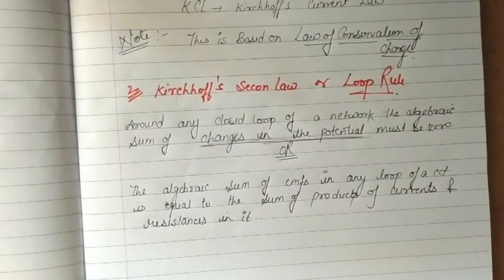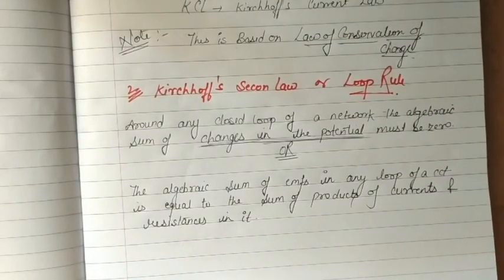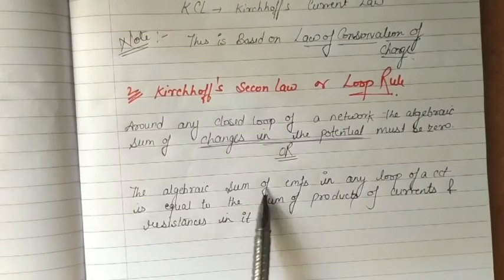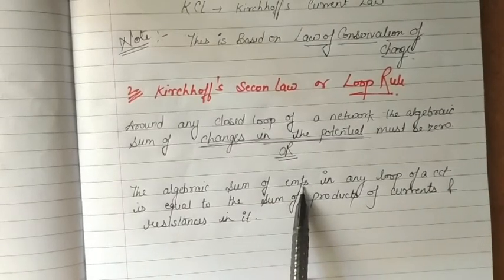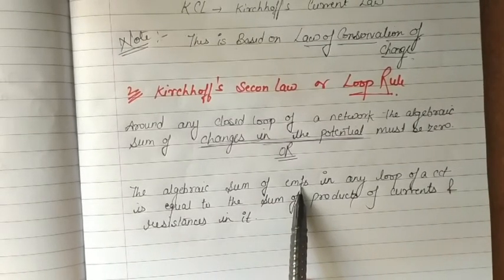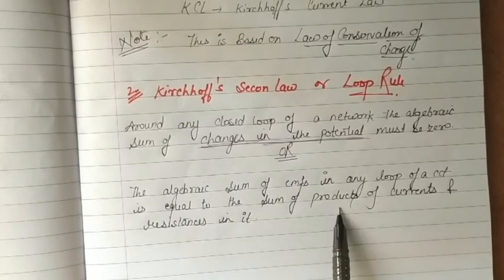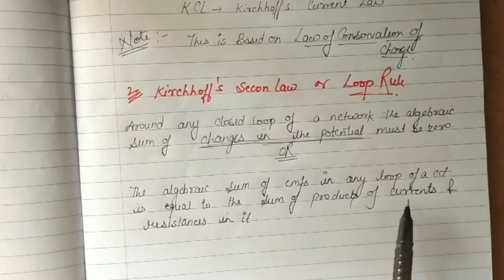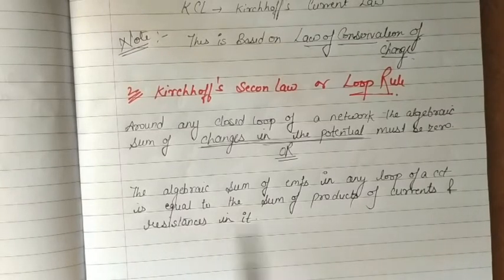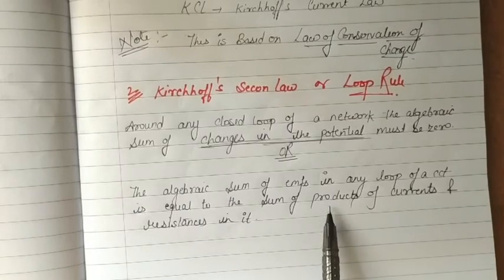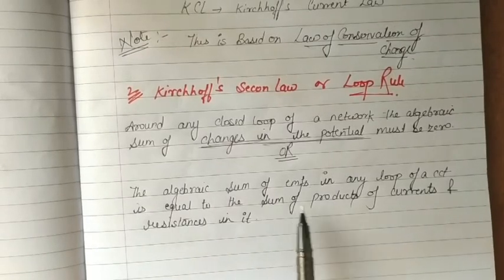Alright, so what it is saying is, the algebraic sum of all EMFs in any loop is equal to the sum of products of currents and resistances, meaning I into R, the sum of the IR products.